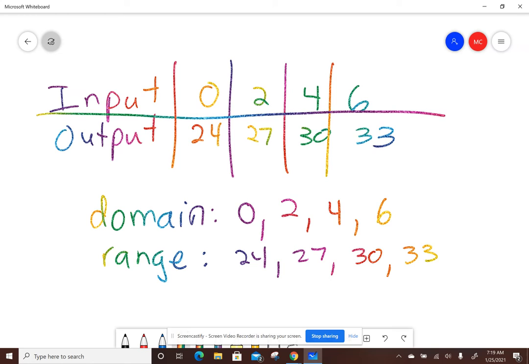Okay, so now look at the next input-output table, and it asks you to identify the domain and range, but then it gives you a hint, and it says, when listing the domain and range, do not repeat numbers.